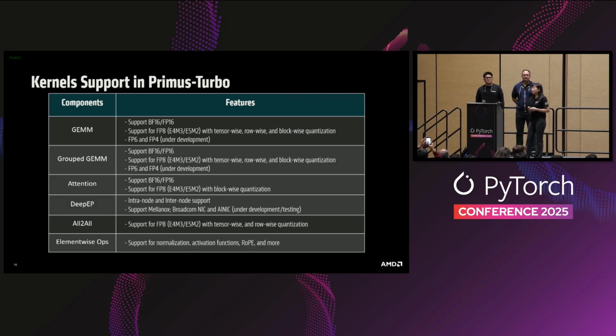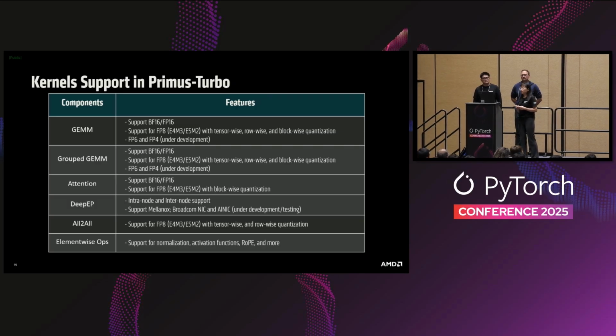For DeepEP, we support intranode and internode. We also support Mellanox NICs today, and Broadcom NIC and AI NIC support is coming soon. For the all-to-all kernel, we support FP8 with tensor-wise and row-wise quantization. And we also support a lot of element-wise ops, including normalization, activation functions, swap, and so on.